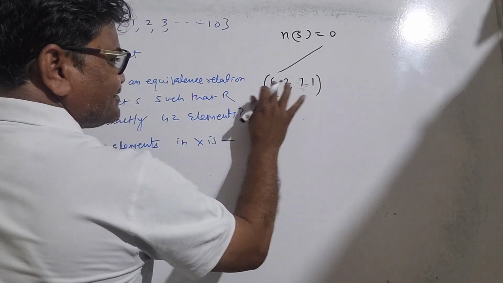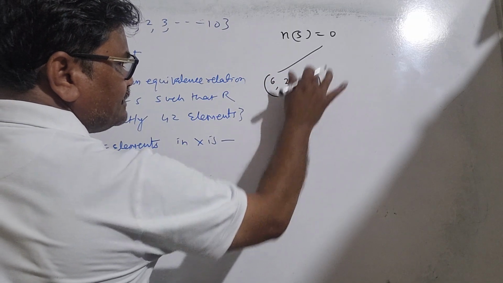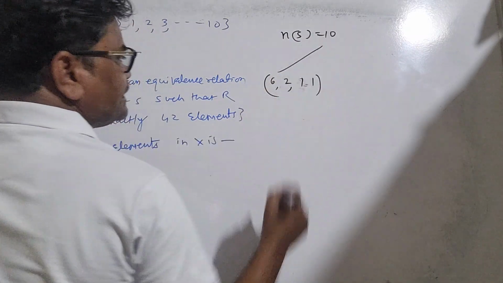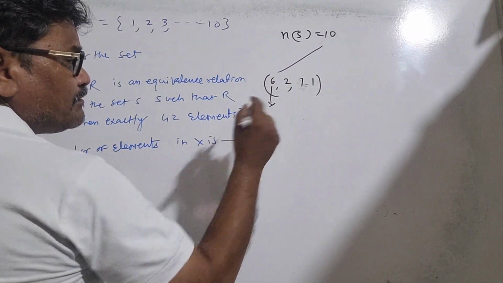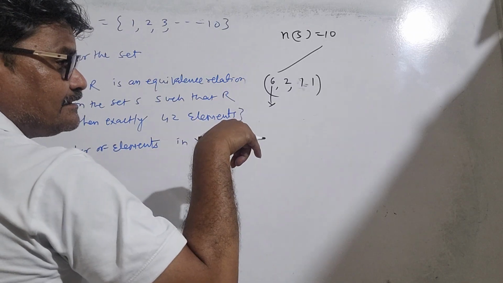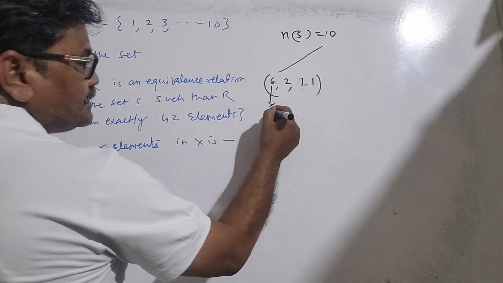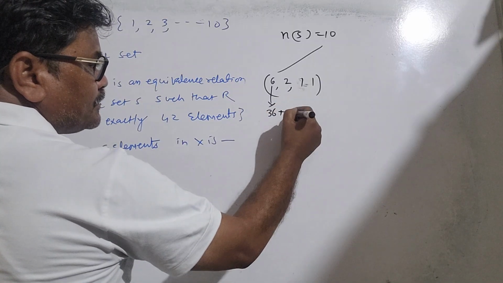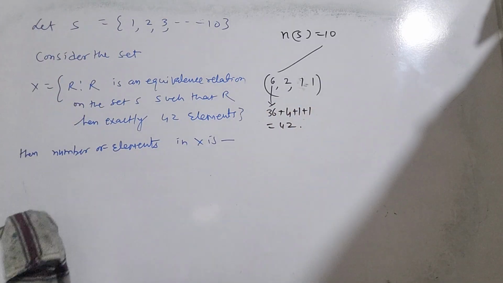Correct? So 6 plus 2 is 8, 8 plus 1 is 9, 9 plus 1 is 10. n of S is 10. So the first condition is okay. Now the number of elements which are present in the equivalence relation is 42. That is 36 plus 4 plus 1 plus 1, that is 42.